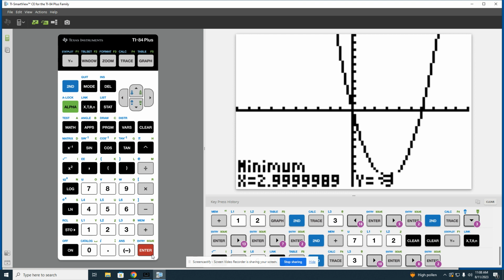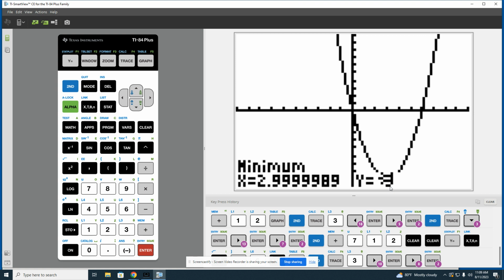Guys, what do you think 2.9999999 would be? Nah, let's go ahead and round that to a 3. Because if I rounded to 2 decimals, wouldn't that definitely round to a 3? And then what does that y value say? Can y'all see it? It says -9. So my minimum for this quadratic is 3, -9.